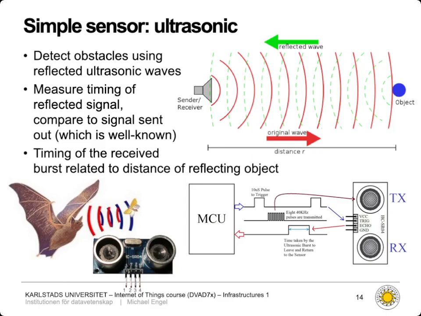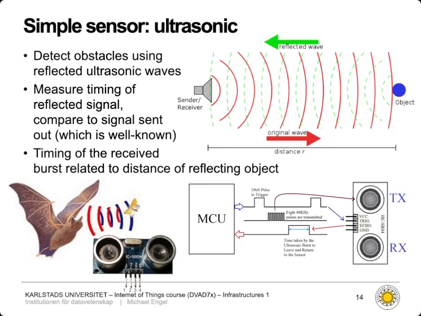That's a very simple and effective thing, and you can buy such an ultrasound module from Chinese providers for as little as $1 nowadays. What you have to do is send out a signal, and then measure the timing of the reflected signal, compare it to the signal you sent out, which of course you know well because you generated it yourself.